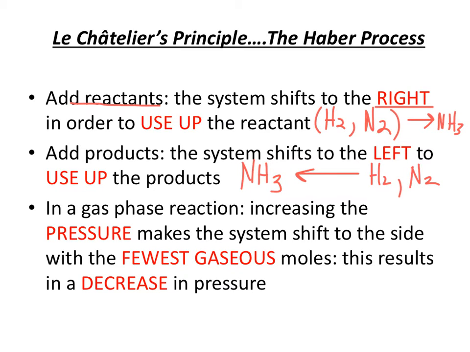So if we're increasing pressure, in order to reduce the pressure, we need to look at which side of the arrows has fewer moles of gas. The system is going to move in the direction that has fewer moles of gas, and that will then reduce the pressure.